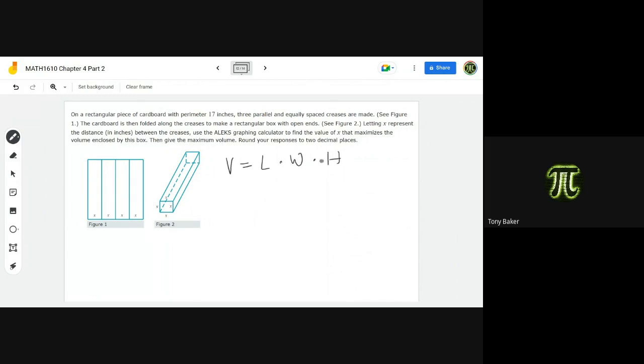Okay. So, I now need to find my length, my width, and my height. They gave you a length and width in the problem. Those are X's. Okay.